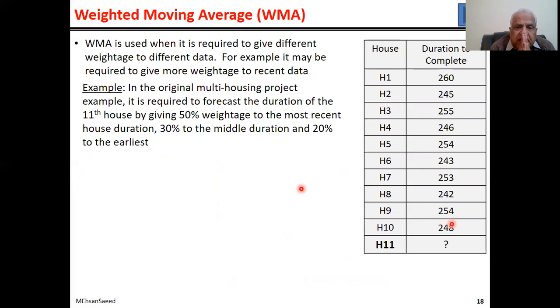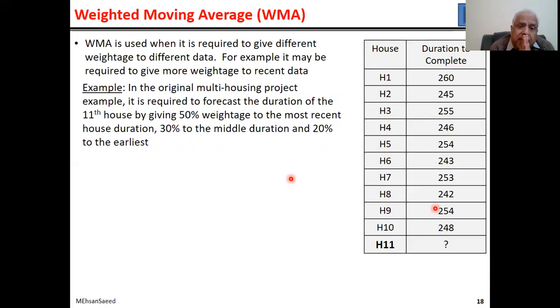So if you are to work out the forecast for house number 11 using simple moving averages, you will take the simple mean of these three. By simple mean, it means you are giving equal weightage to all these figures. The total weightage is 1 or 100%. So that means the weightage of each one of these is 33.3333, the sum of weights being 100.